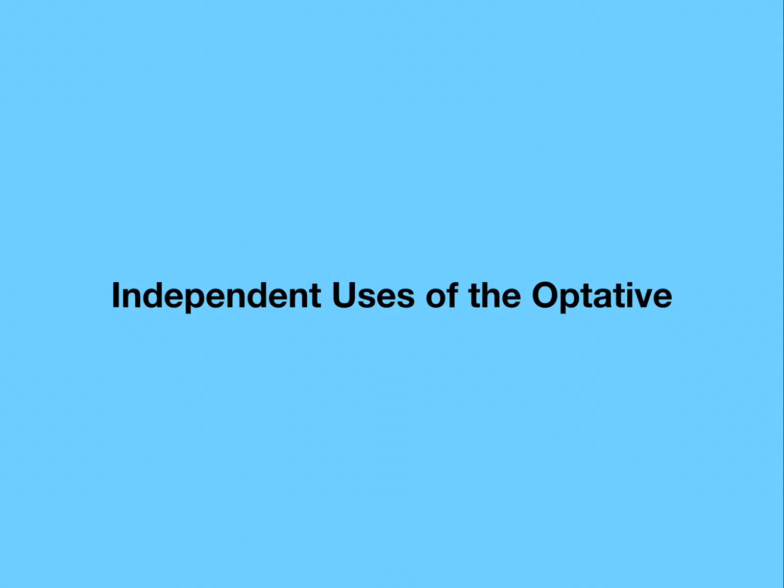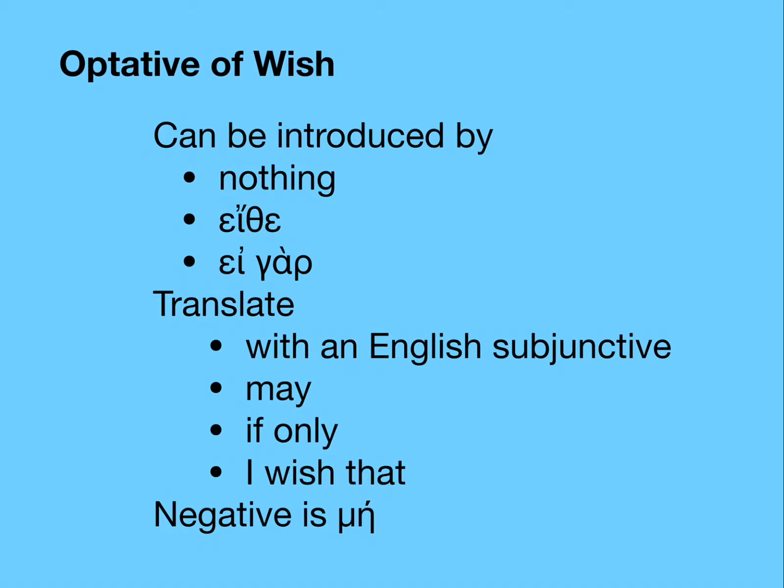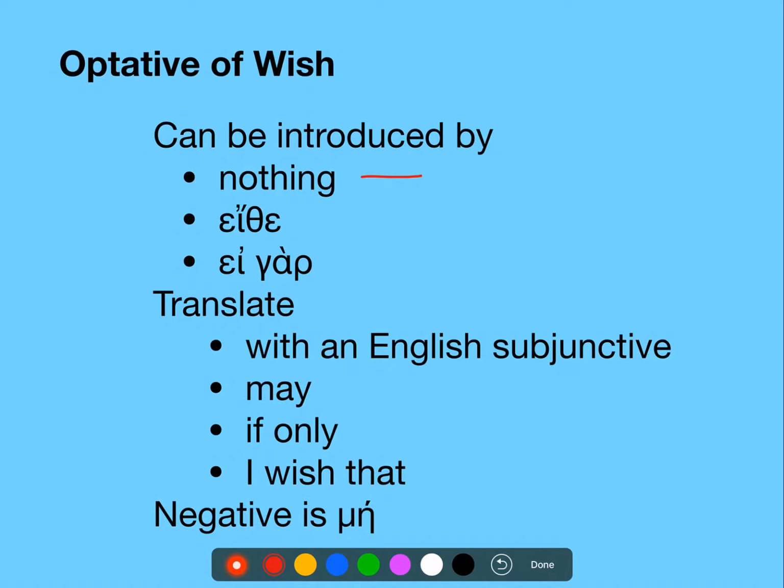Now we're going to move on to independent uses of the optative. That is, uses of the optative that aren't inside a subordinate clause. First off, the optative of wish. An optative of wish is an independent use of the optative. It's introduced either by nothing, or eithe, or ei gar.